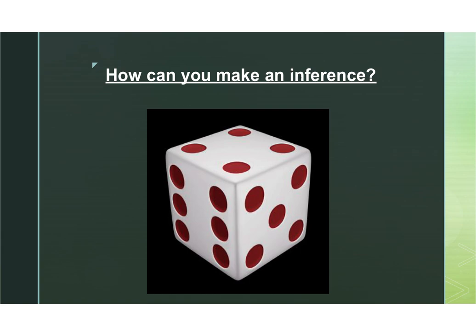A good example of this is this dice right here. If we look at this example, we have a die, okay? On this die, it has 6 sides, but on the bottom, we don't know what it is.